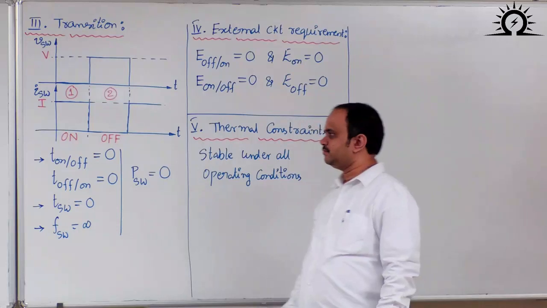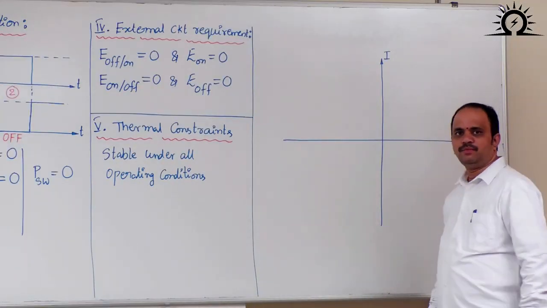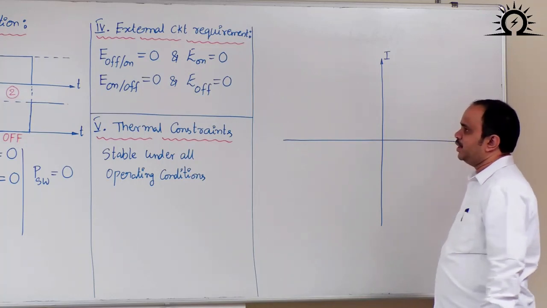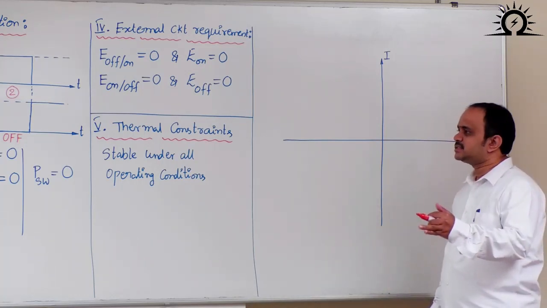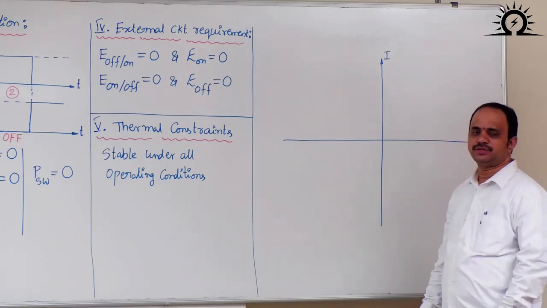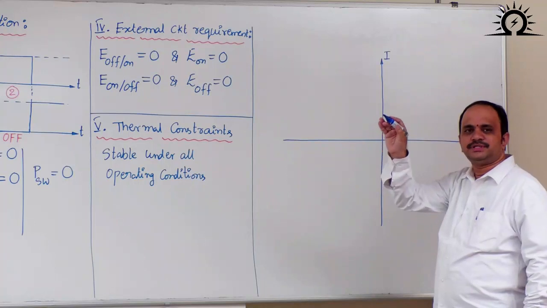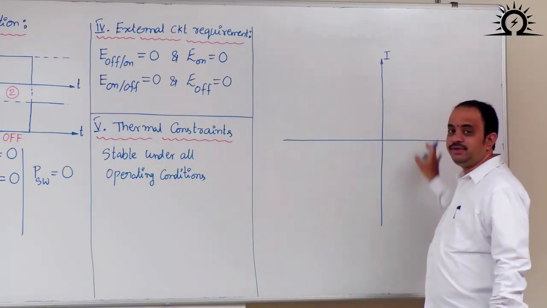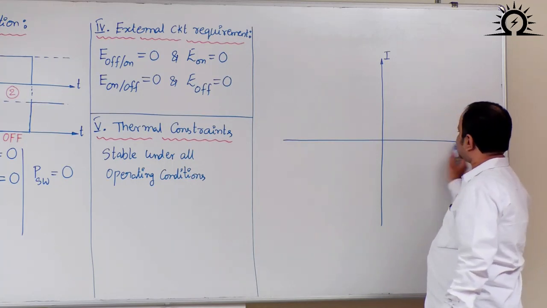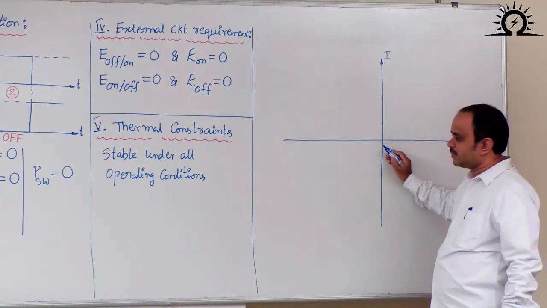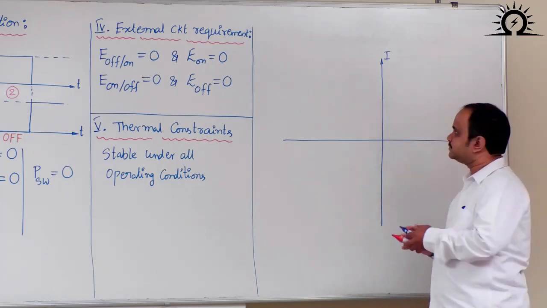Let us see that. Now from the first property, what we can say, when the switch is in the on state, it has 0 voltage drop across it. Suppose if you plot that statement on a IV plane, what we will get? Let us see. Voltage across the switch is 0. The switch can carry any amount of current.